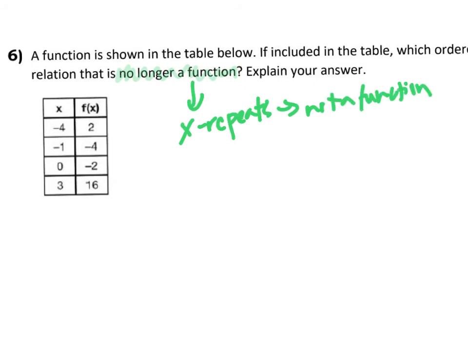So let's look. I have -4, -1, 0, 3. Those are my x values.